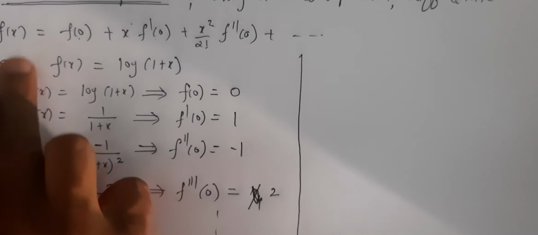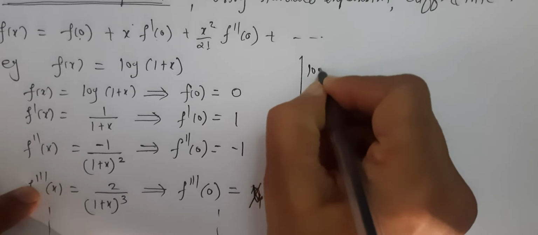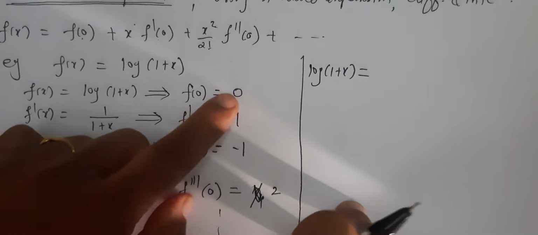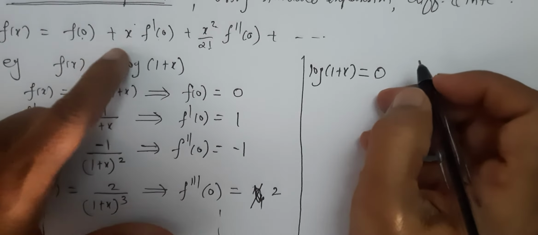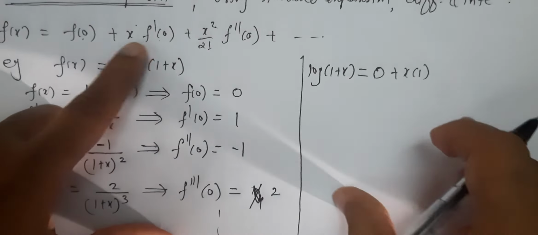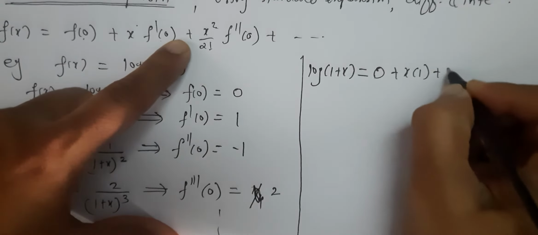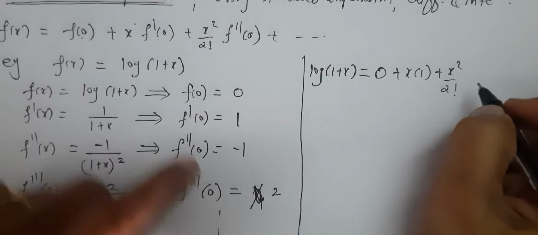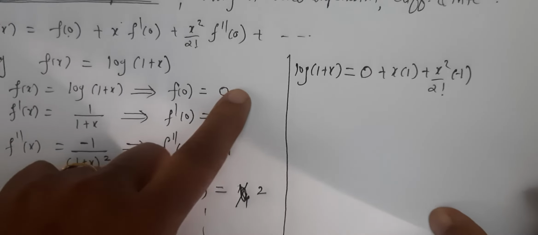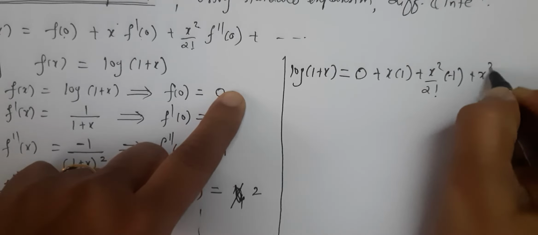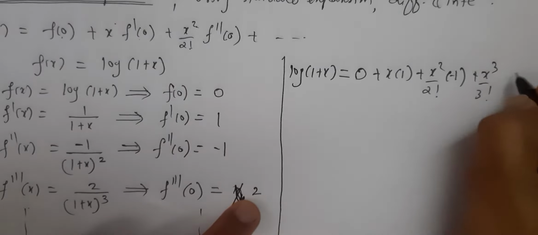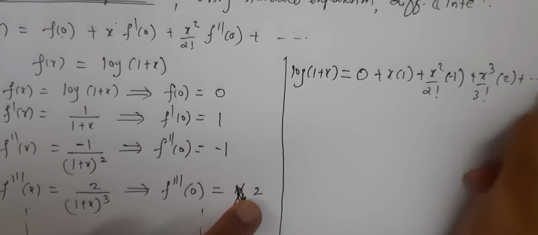So log of 1 plus x equal to f of 0, which is 0, plus x into f dash 0, that is x into 1, plus x square upon 2 factorial into f double dash 0, that is minus 1. Next term is plus x cube upon 3 factorial into the third derivative, which we found to be 2.